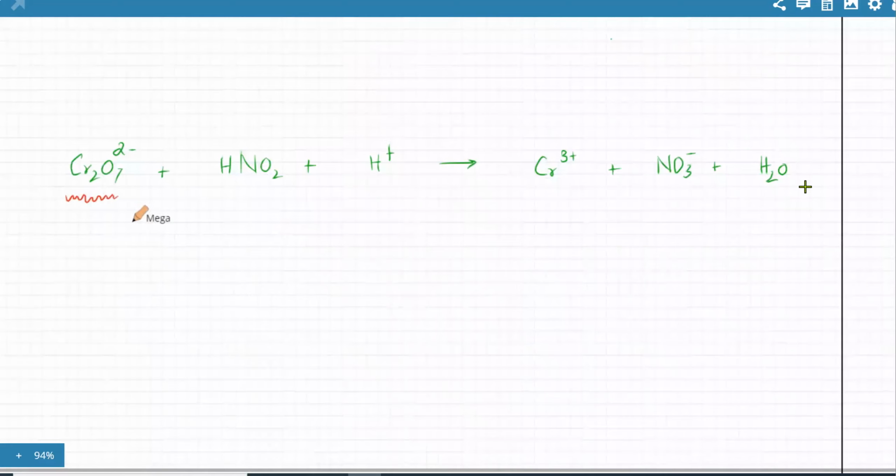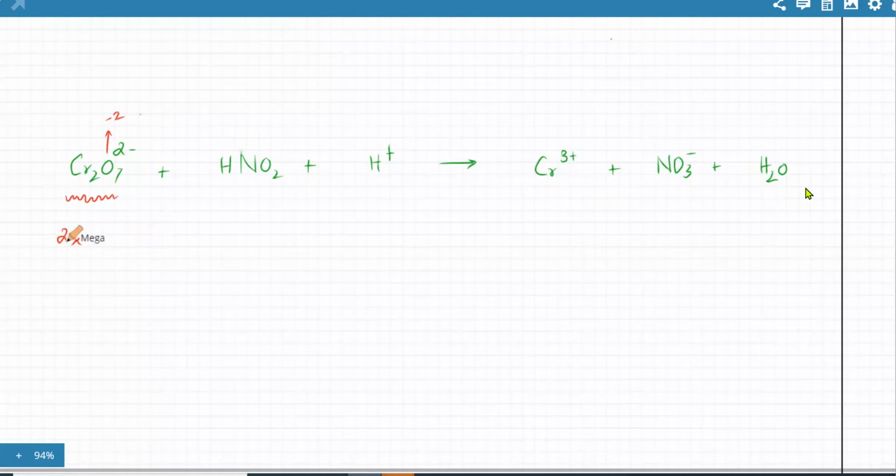I mean, O is -2, obviously. So we know that O is -2. What is Cr? I mean, take it as X. It's 6. Okay, so it's coming out to be 6.